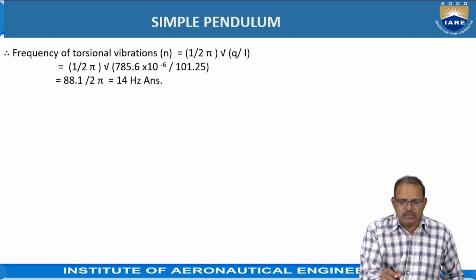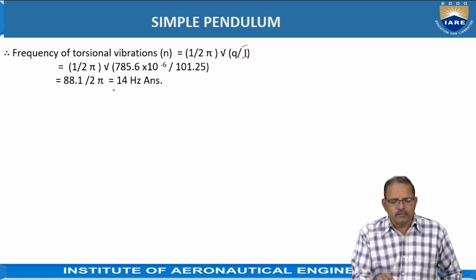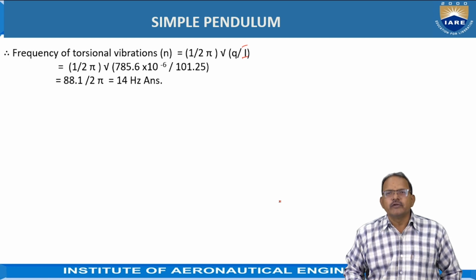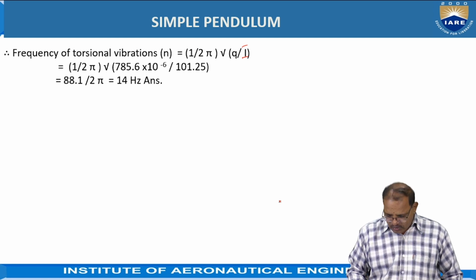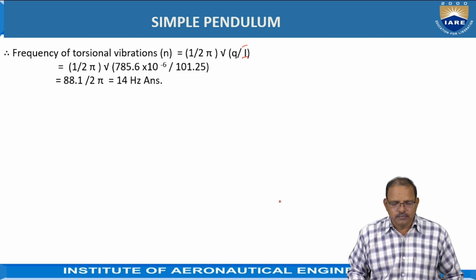Substituting the values, this is 1 by 2 pi into under root of 785.6 into 10 to the power of minus 6 divided by 101.25. On simplification, we got it equal to 14 Hz. That is 14 cycles per second.